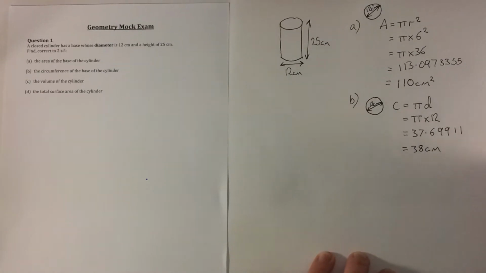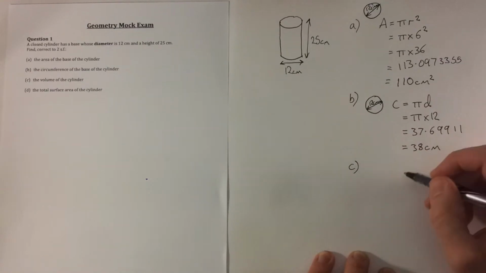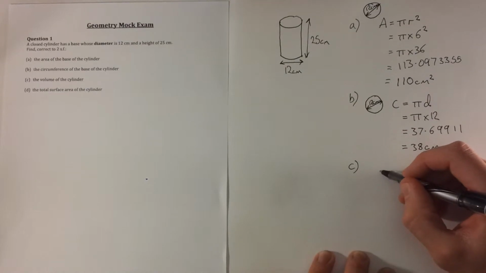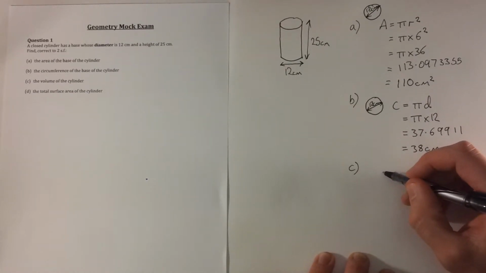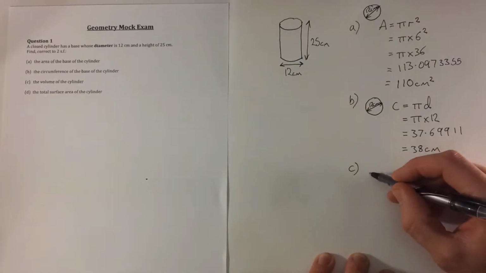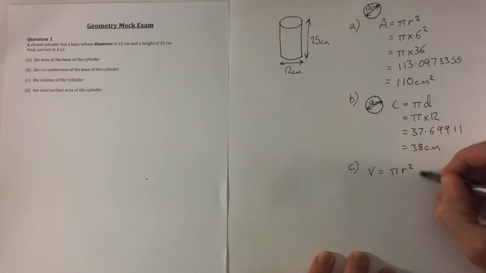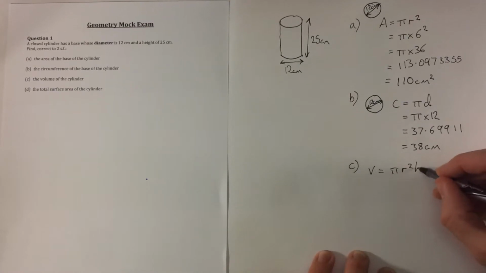For part C of this question, the volume of the cylinder. To find the volume of the cylinder, we take the area of the base and multiply it by the height. So in this case, the volume is equal to pi r squared, which is our area formula, which gives us the area of the base, multiplied by the height.